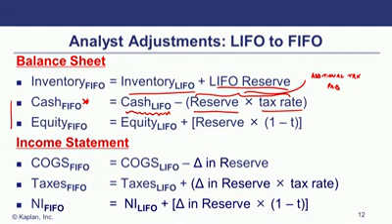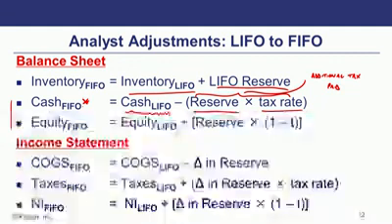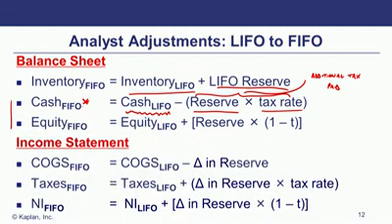Now, what we're saying therefore is inventory has gone up, cash has gone down, and equity is going to have to change by the balance just simply to keep the financial statements balancing. So it's going to change by the LIFO reserve times 1 minus tax. Now the income statement is a little bit more straightforward. We're going to take our LIFO cost of goods sold and subtract the change in the LIFO reserve.